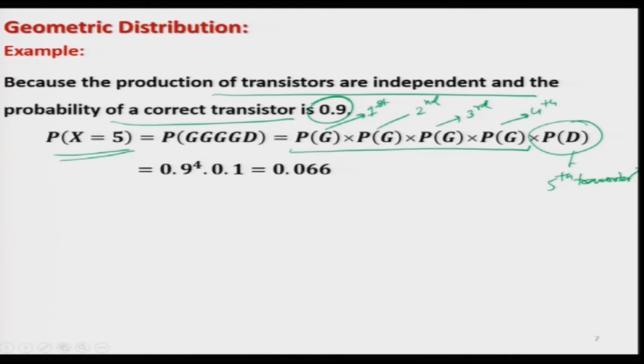If you simply solve it, this comes out to be 0.066. So, there is approximately a 6.6% chance that the fifth transistor produced will have an error.